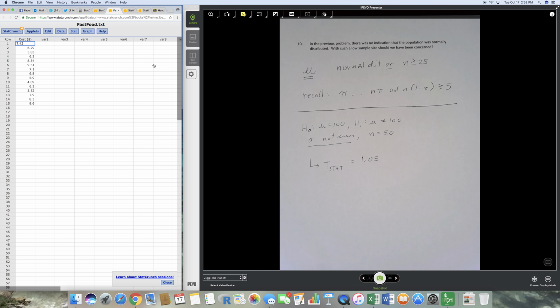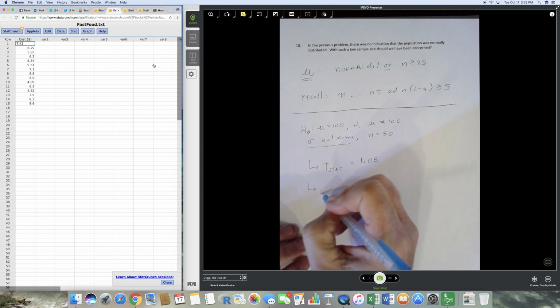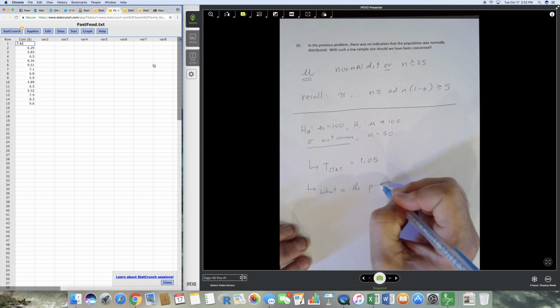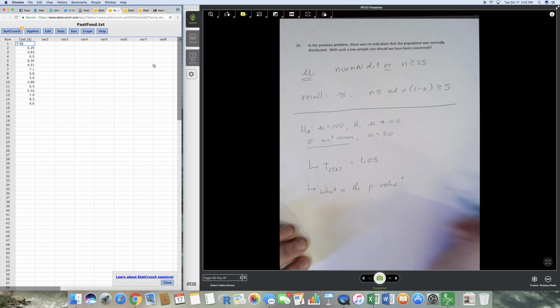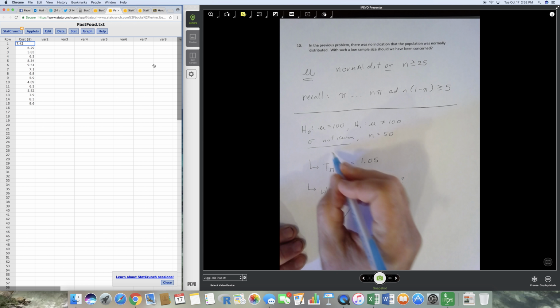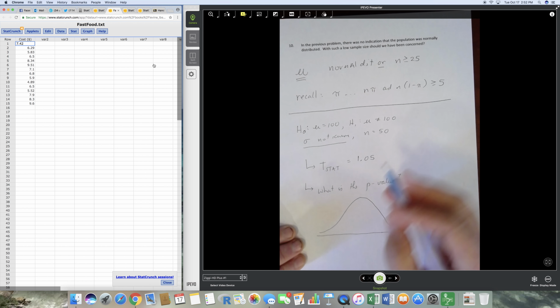I want you to calculate the p-value. Well, what I'm going to do is I'm going to think, well, we're using a t-distribution again because this population standard deviation isn't known.